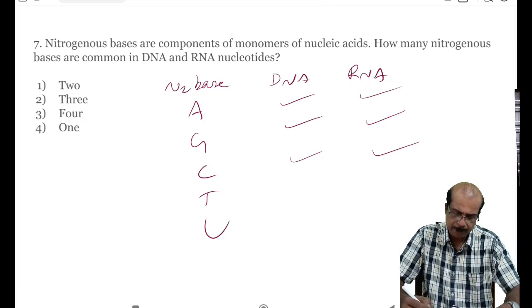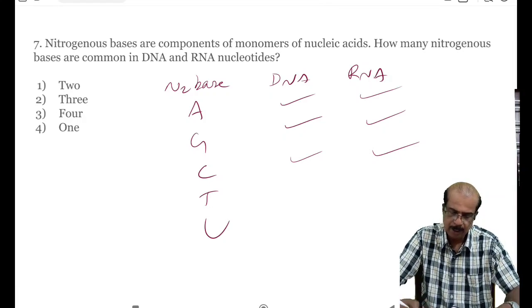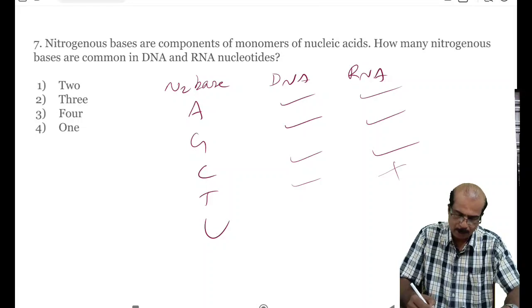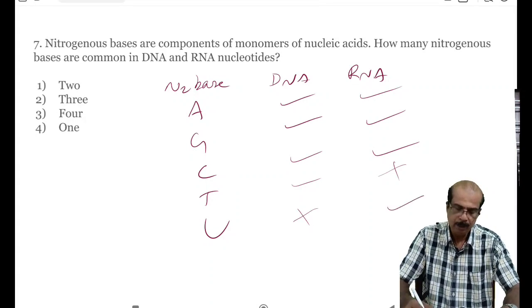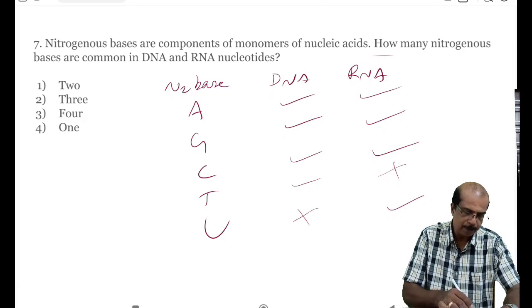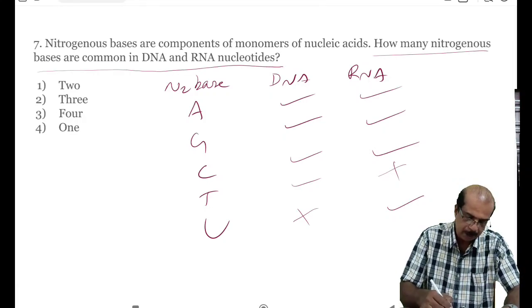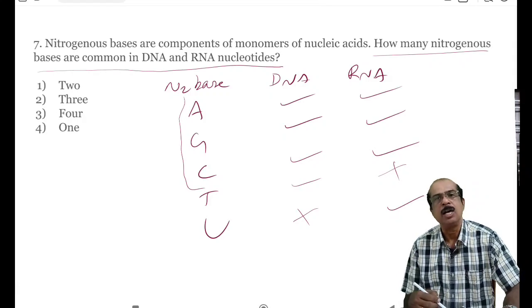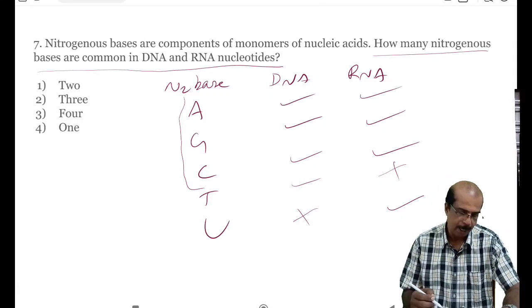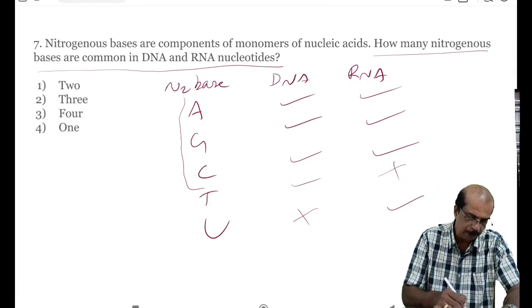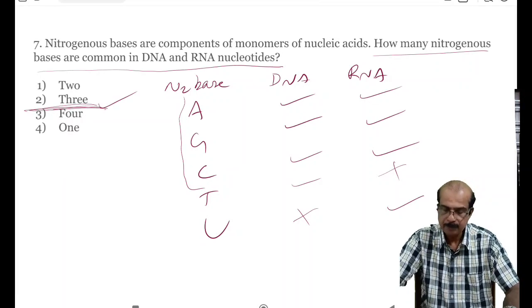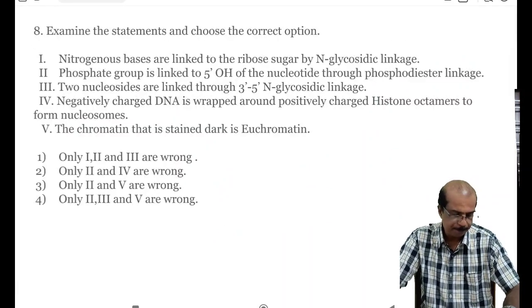What about thymine? Thymine is present in DNA but absent in RNA. Uracil is absent in DNA but present in RNA. Here the question is, how many nitrogen bases are common in DNA and RNA nucleotides? The first three, adenine, guanine, cytosine, are common in DNA and RNA. So 3 will be our answer to this question. It's an easy question. Moving to next question.